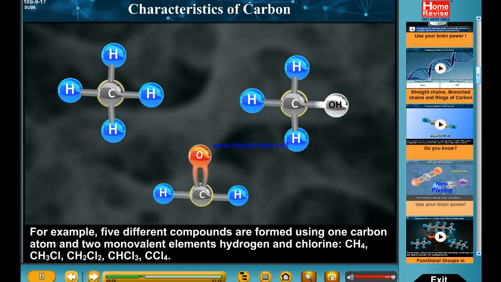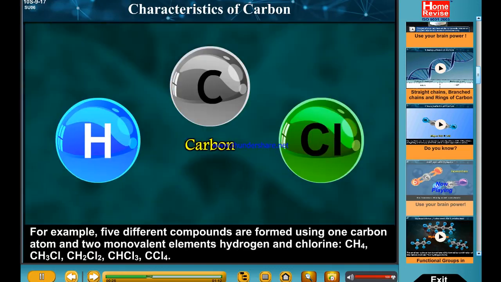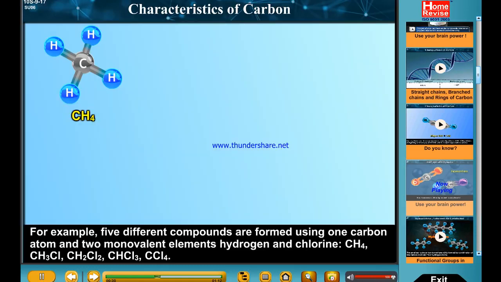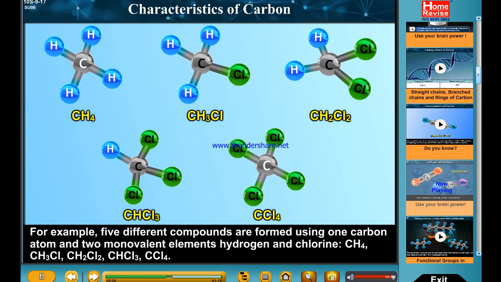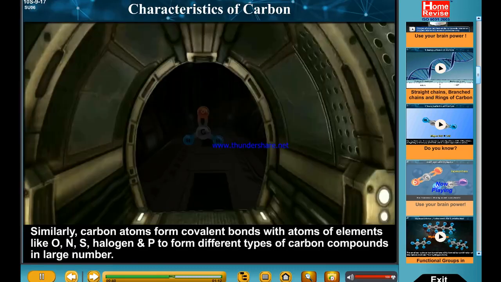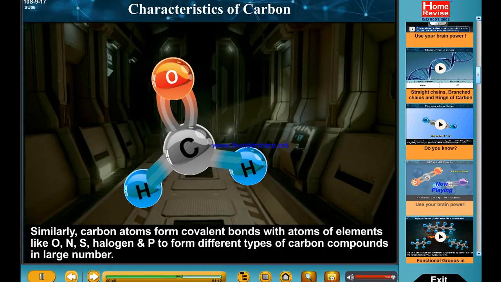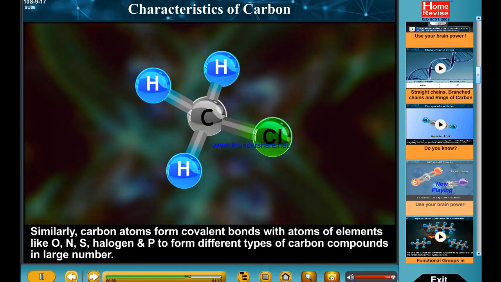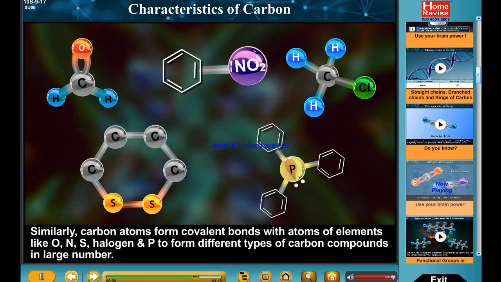For example, 5 different compounds are formed using 1 carbon atom and 2 monovalent elements, hydrogen and chlorine: CH4, CH3Cl, CH2Cl2, CHCl3, CCl4. Similarly, carbon atoms form covalent bonds with atoms of elements like O, N, S, halogen, and P to form different types of carbon compounds in large number.